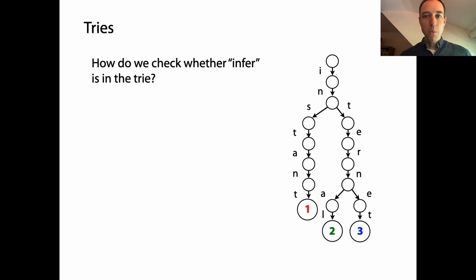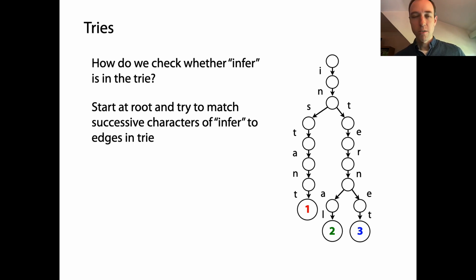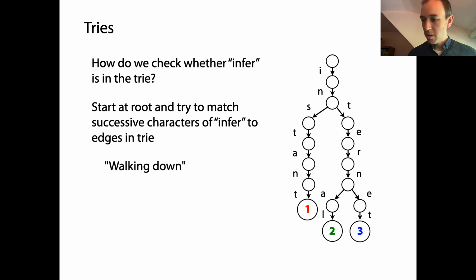Okay, well, there's going to be an algorithm here that we use to query the trie. And because this algorithm is going to have a core idea that we use again and again, I want to describe it clearly and give it a name, okay? So the process we're going to go through is one where we start at the root, and then we look for a path leading down from the root labeled with the successive characters of our query string, right?